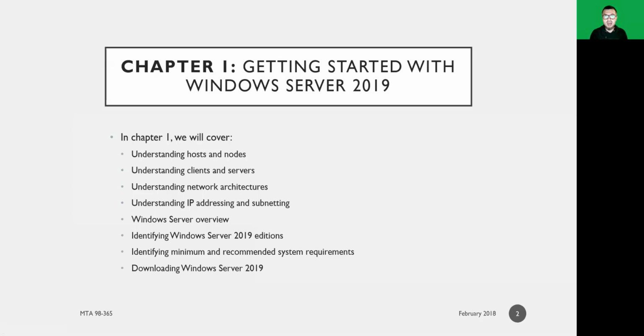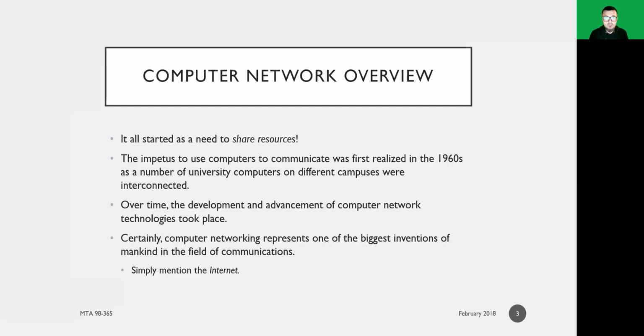We will try to understand IP addressing and subnetting, and then delve a little into the Windows Server overview, proceed with the Windows Server 2019 editions, and then get familiar with the minimum and recommended system requirements, because we need that prior to installing Windows Server 2019. We conclude this presentation with downloading Windows Server 2019.